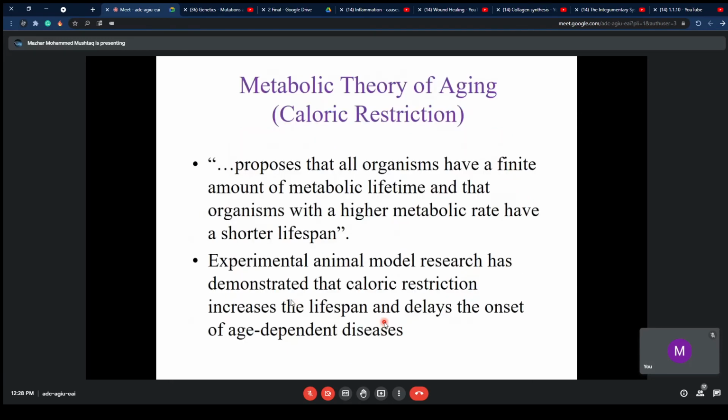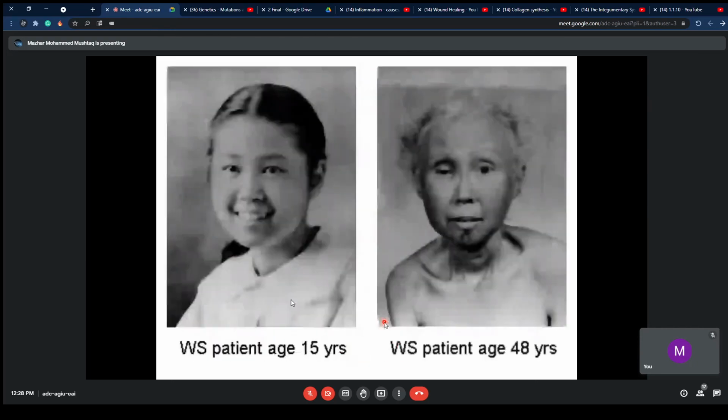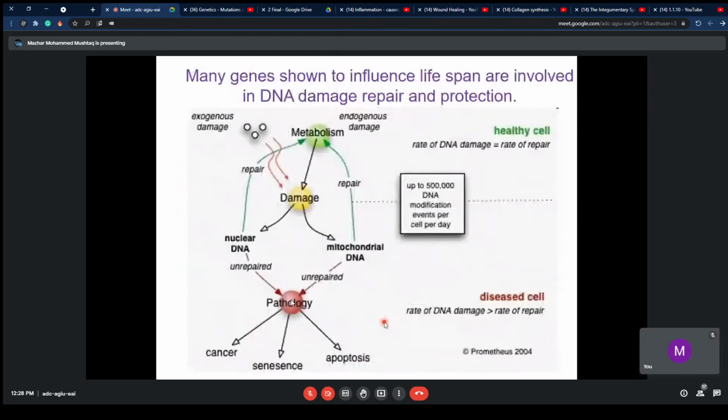Metabolic theory of aging, the same thing which was shown here also. I will show you this picture here. You can see here there is metabolism going on, and if this metabolism is impaired because of endogenous damage or exogenous damage, or both of them, or exogenous damage can also directly destroy the DNA, or if the metabolism is impaired, it can affect the DNA.